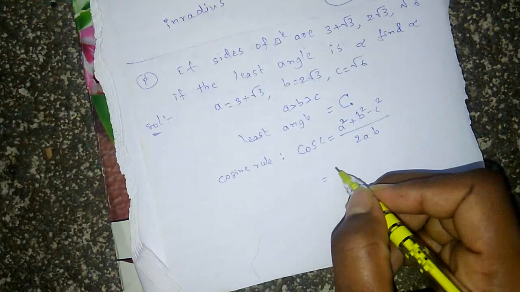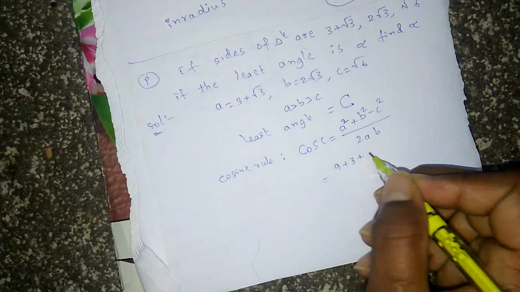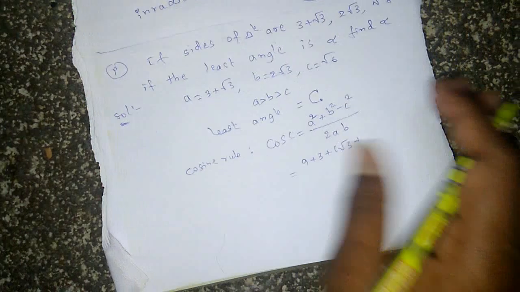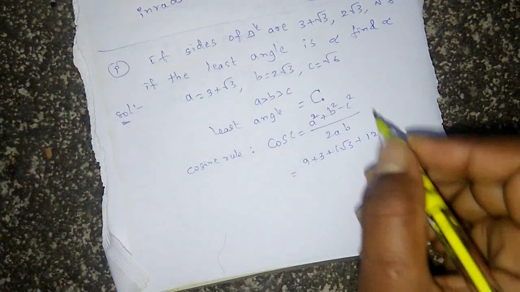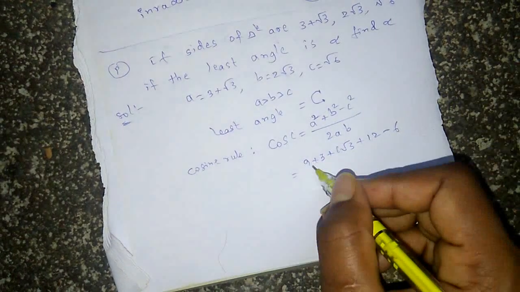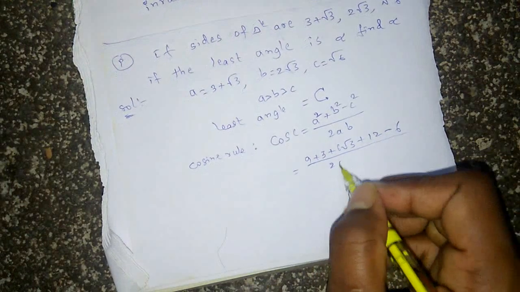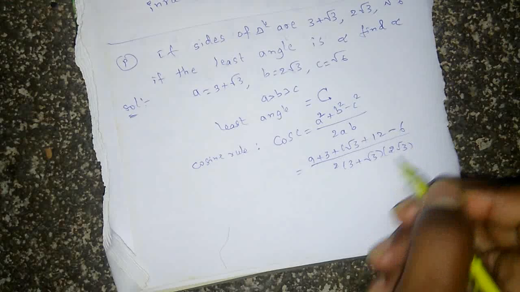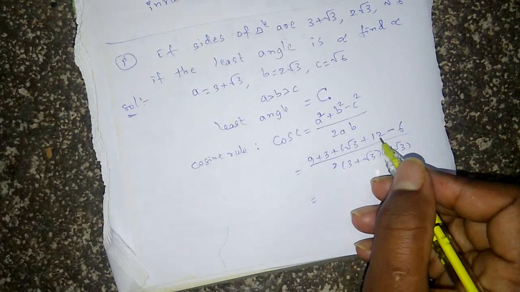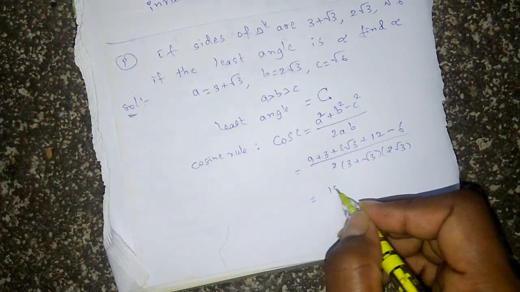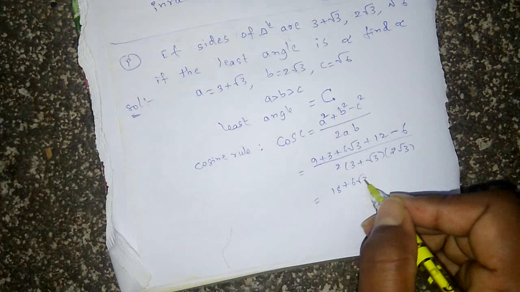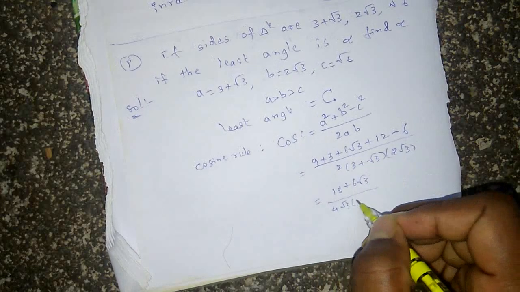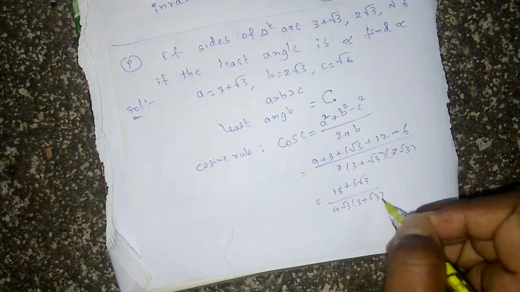That is a square means 9 plus 3 plus 6 root 3, b square means 2 root 3 whole square, that is 12, minus c square means 6, divided by 2 into 3 plus root 3 into 2 root 3. This is 12 plus 12, 24 minus 6, that is 18 plus 6 root 3 divided by, this is 4 root 3 into 3 plus root 3.